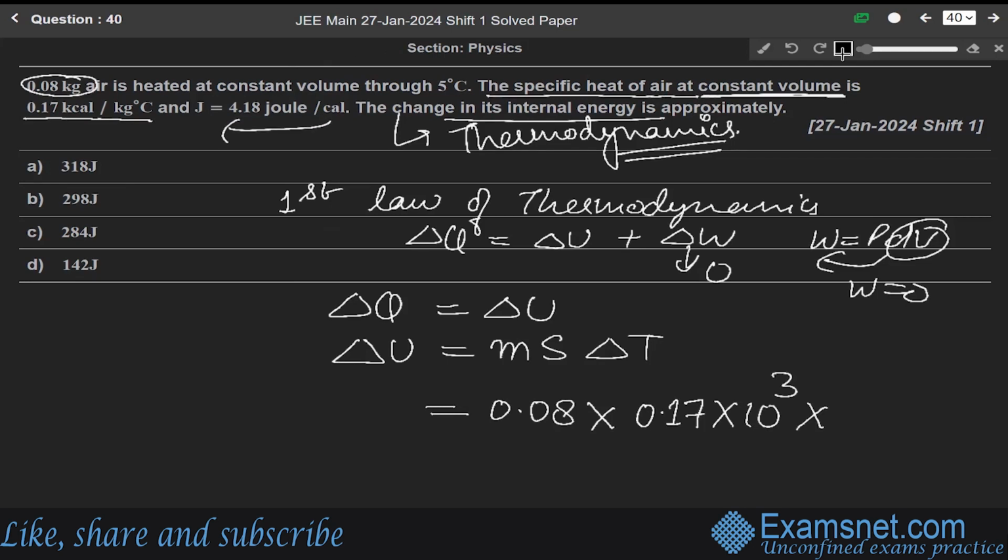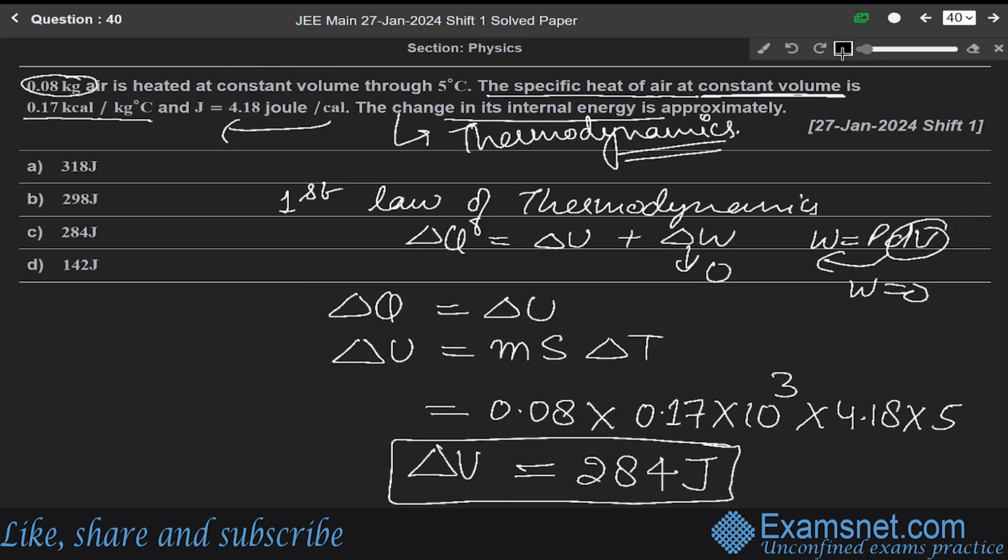Converting calorie into joule, we multiply by 4.18 into delta T, which is 5 degrees Celsius, into 5. So the answer is 284 joule. The change in internal energy equals 284 joule, so the correct option is option C, 284 joule.